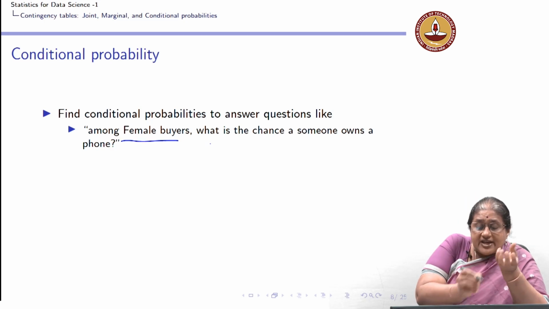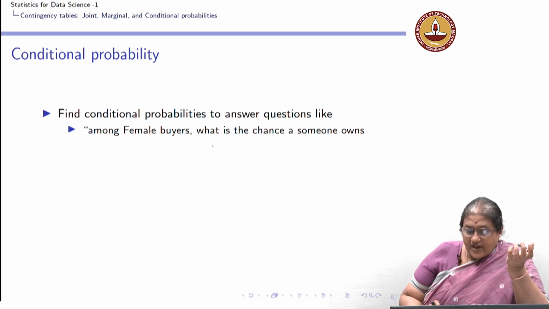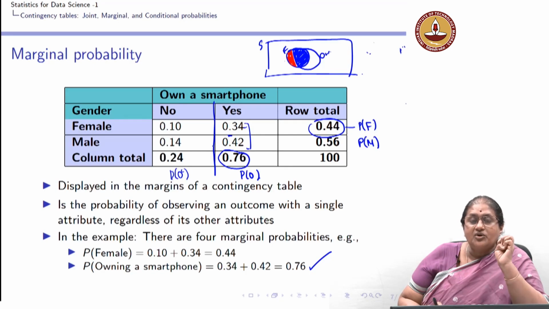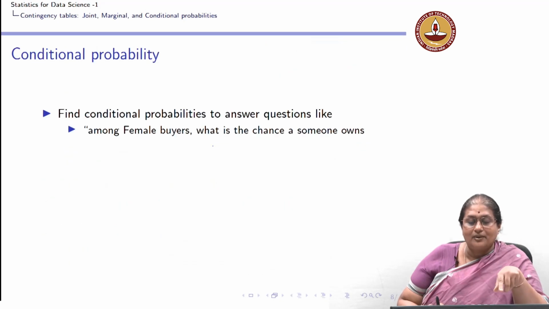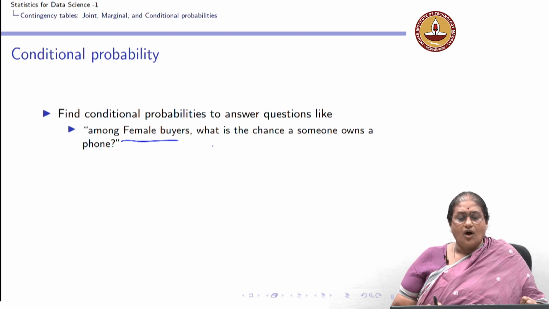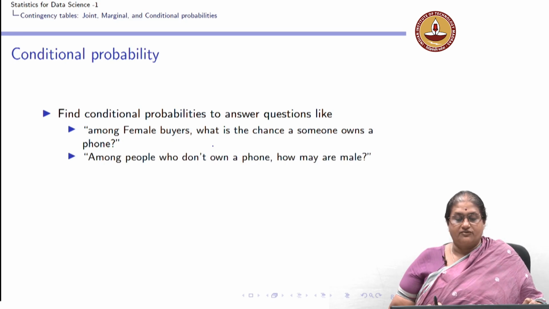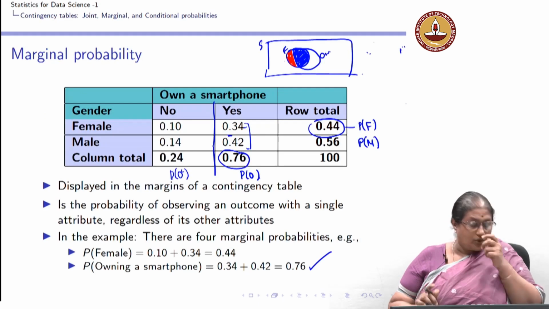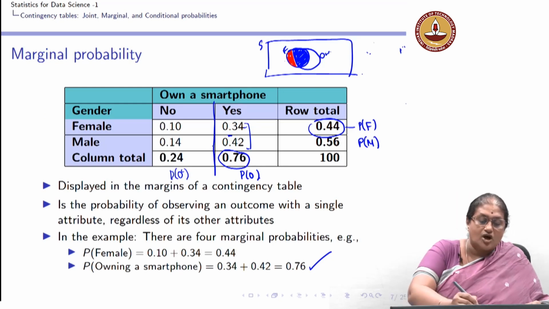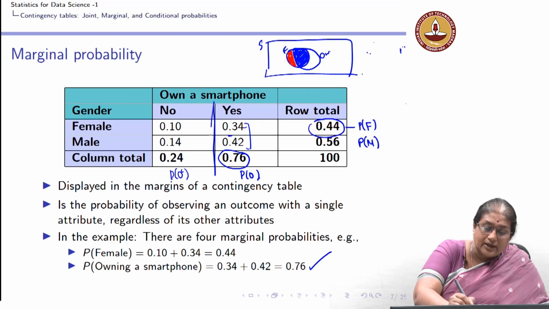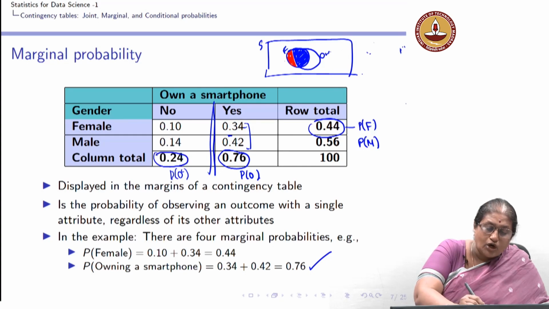Among these buyers, how many females do we have? We have 44 females. I am interested in knowing how many among them own a smartphone, or do not own a smartphone. The second question is among the people who do not own the smartphone, how many of them are there? 24 people. So, these are the total number of people who do not own a smartphone.